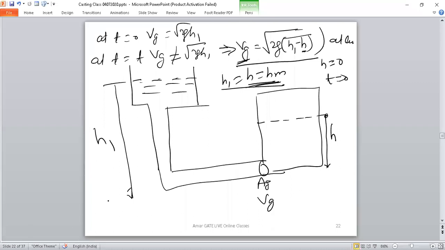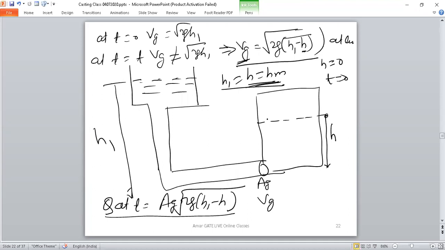If I ask you what the discharge Q at time t is, that will be equal to Ag into root 2g(h1 minus h). This is the discharge at time t, when this much is already filled. Now we want to fill a small volume, dh into Am, where dh is the small height.